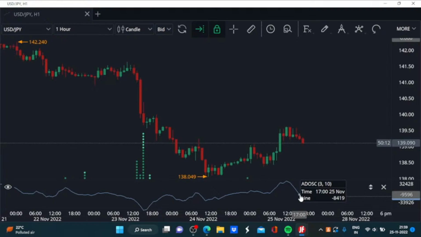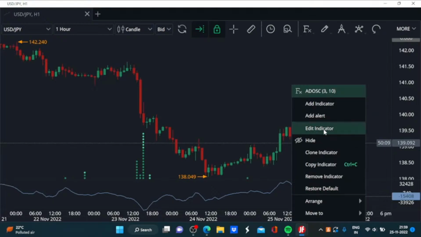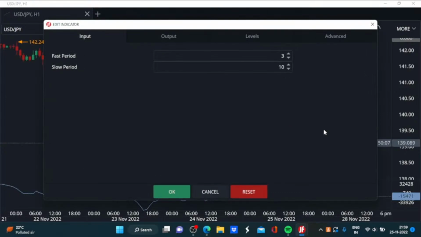And for that, you will have to go to the editing panel and see that you have the parameters customization done in a way which is going to help you in customizing these.